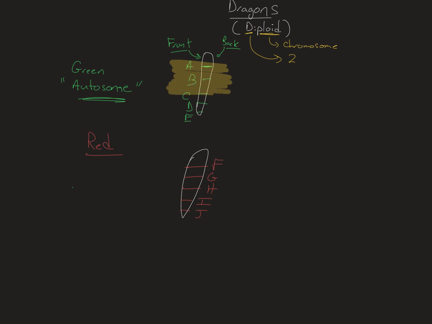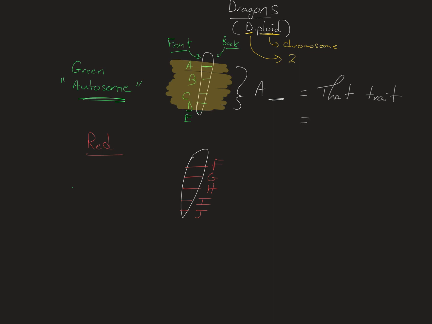When we talk about dominant and recessive, what we're saying is if you have big A, no matter what the next letter is, you have the dominant trait.